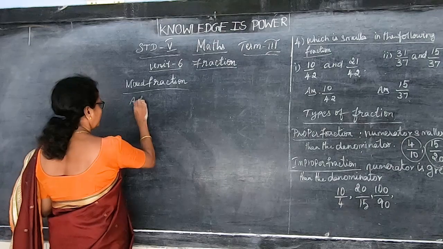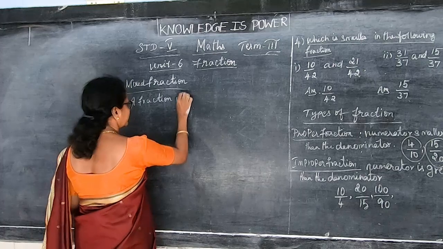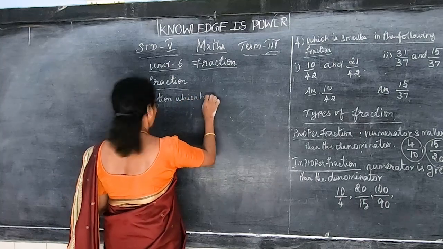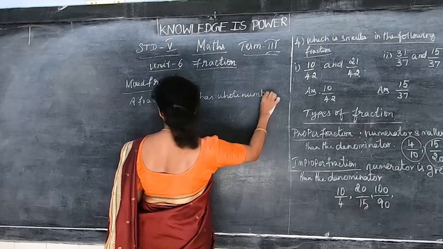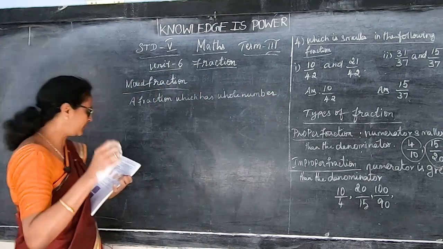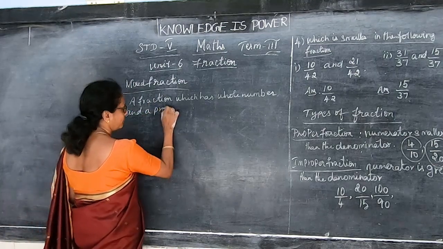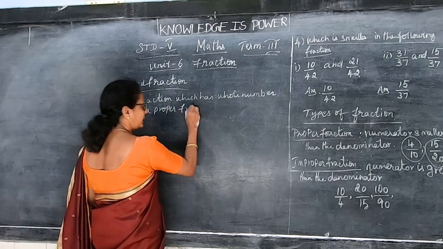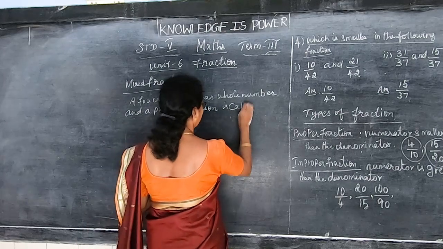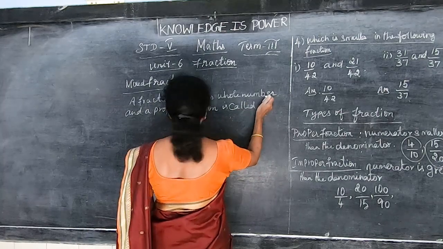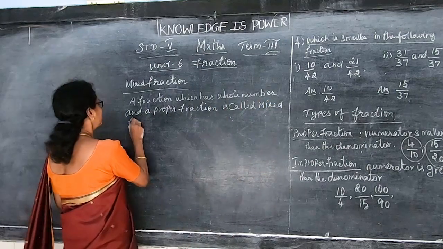The whole number is written as 1, 2, 3, 4, 5, 6 as it is. And a proper fraction means the numerator should be smaller and the denominator should be greater. It's called a mixed fraction, okay?